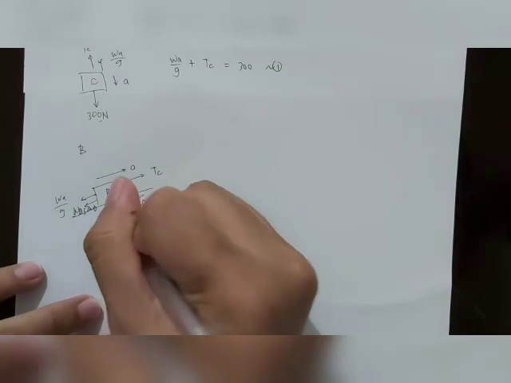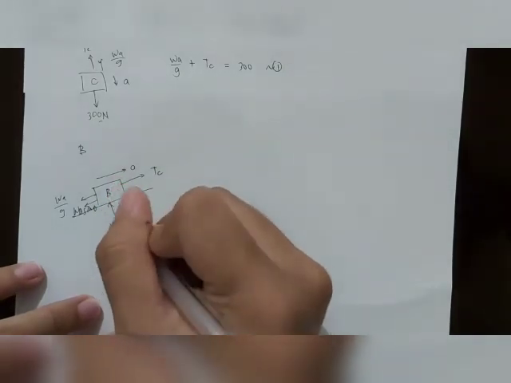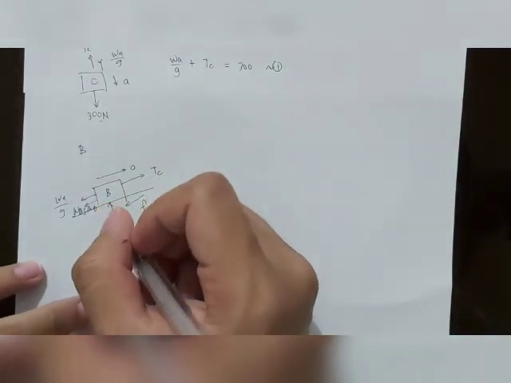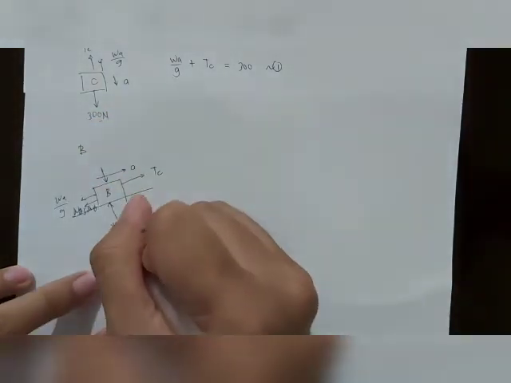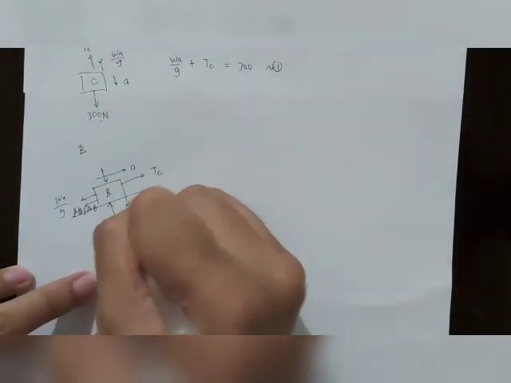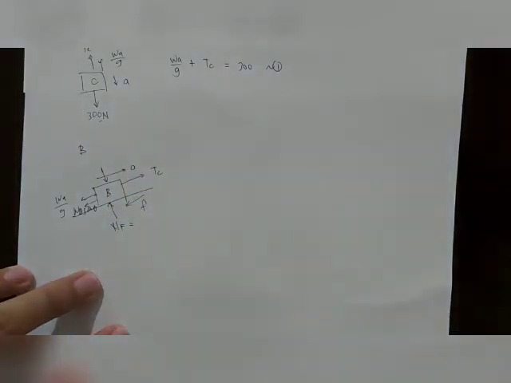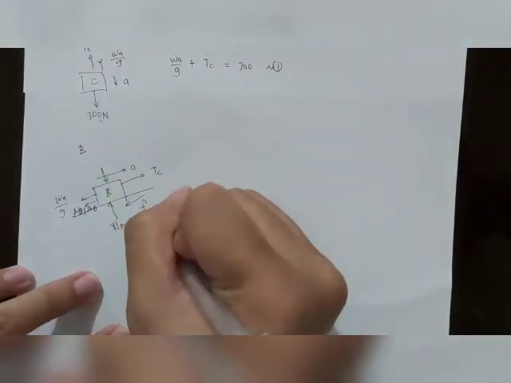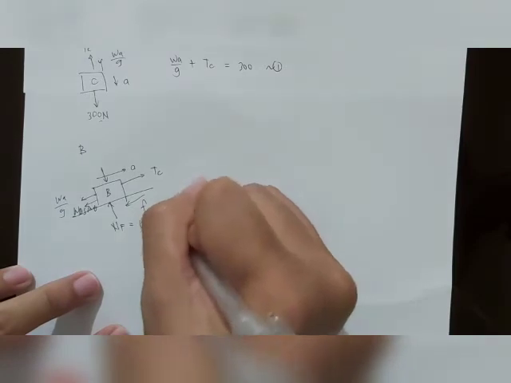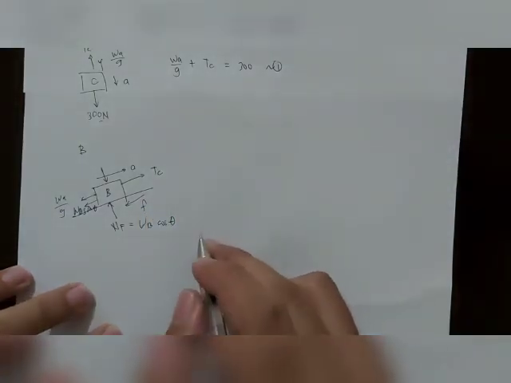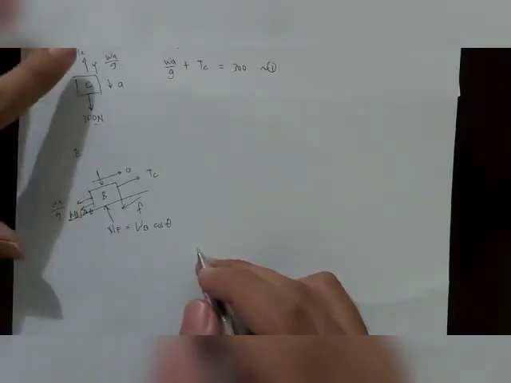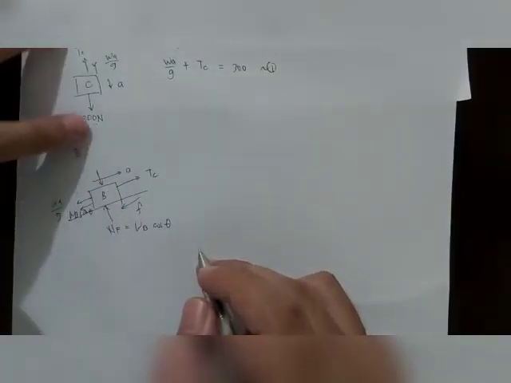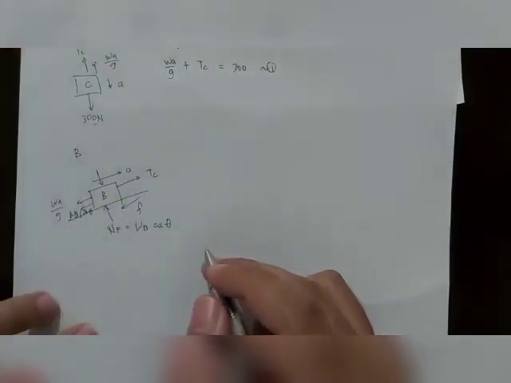So we have here the normal force, then weight. So normal force is equal to W sub B cosine theta. So we have the given theta, 30.